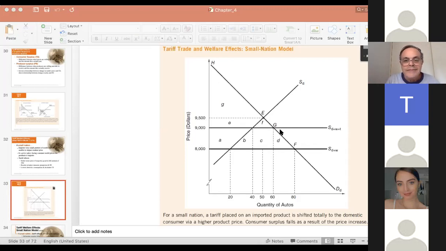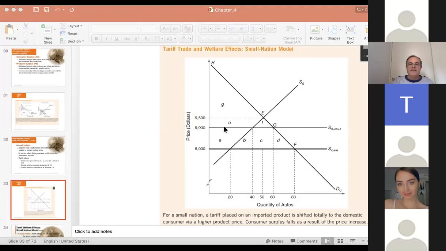But you decided you're not going to allow them to do that. It's simply going to be $9,000 or nothing. So they either come up with 9,000 or they're not going to be able to consume anything. And this obviously hurts consumers' utility or satisfaction. So that's what the tariff does.